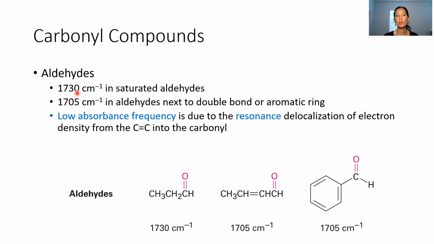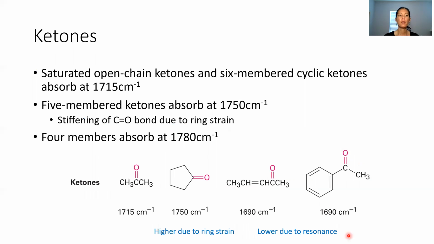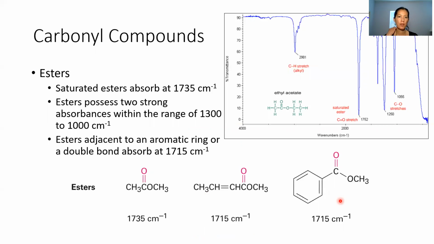An aldehyde is generally 1730, just a straight aldehyde. If there is potential for resonance and delocalization of electron density, then you observe a lower frequency. Ketones are very close, 1750. Normally, if it's tied up in a ring, there's ring strain, so it's a higher frequency. If there's resonance, it's lower, even down to 1690.